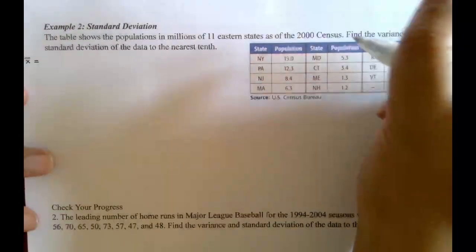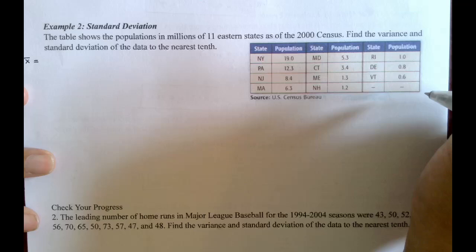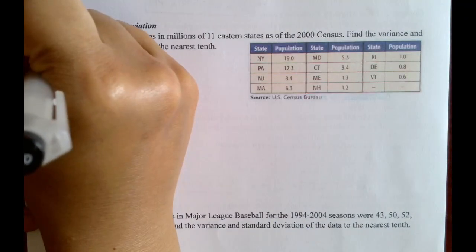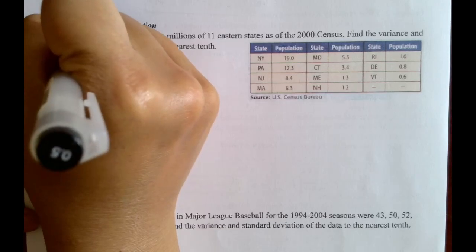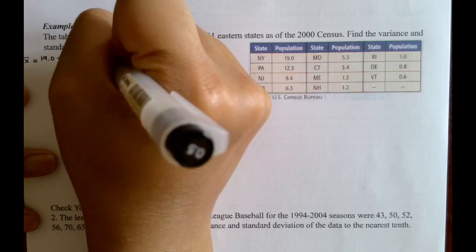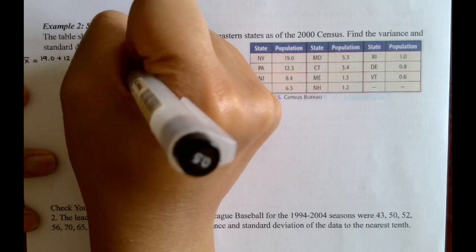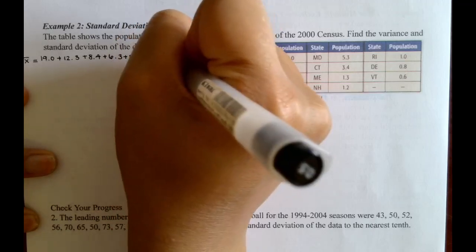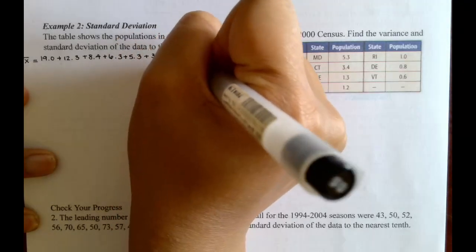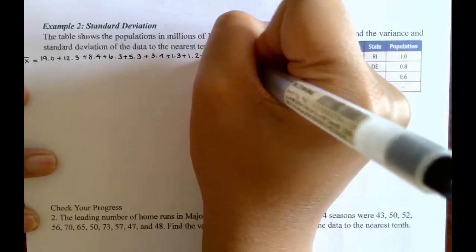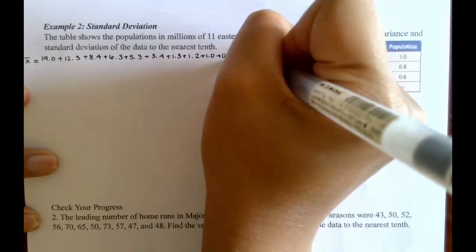So what I'm going to do is I'm going to add all of these up and then divide by 11 because there's 11 of them. So 19.0 plus 12.3 plus 8.4 plus 6.3 plus 5.3 plus 3.4 plus 1.3 plus 1.2 plus 1.0 plus 0.8 plus 0.6.